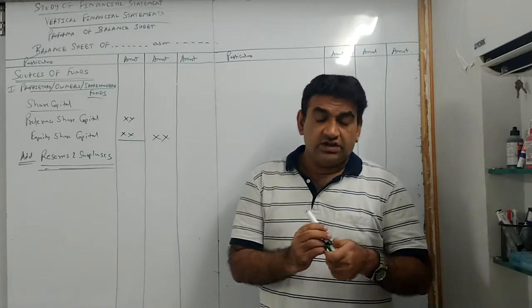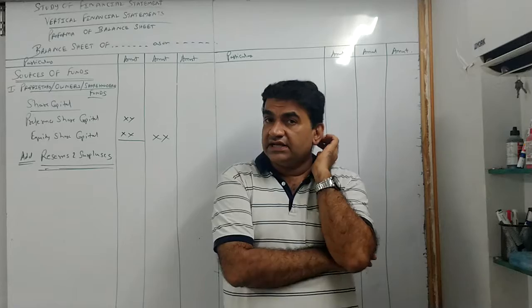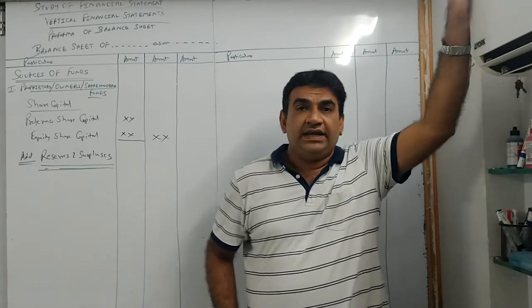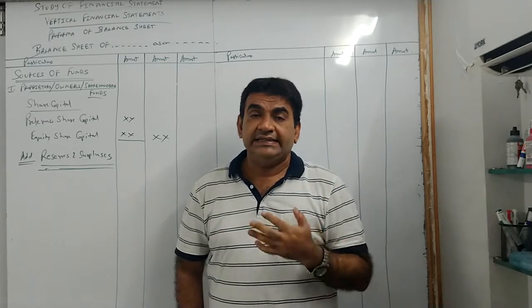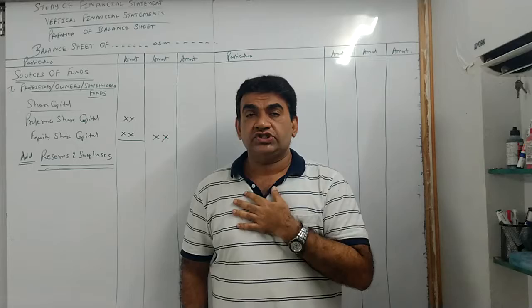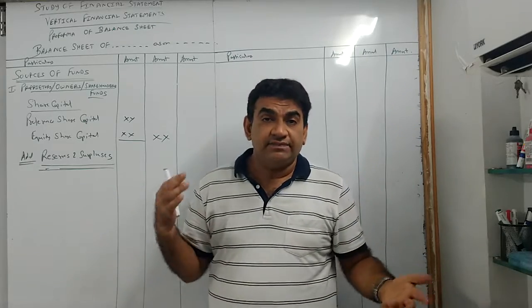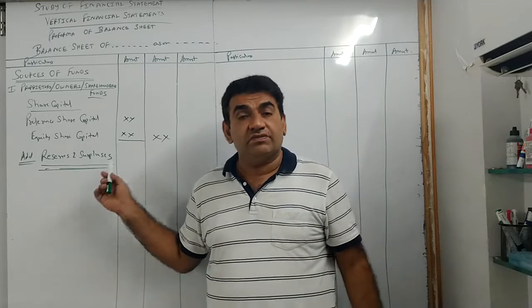Now listen, what are your reserves and surpluses? Reserves and surpluses are nothing but the profits kept aside or accumulated, either for a specific purpose or for a general purpose. Surplus money created by the company which is kept aside as a reserve is called reserves and surpluses.